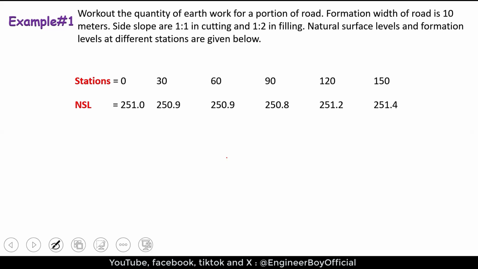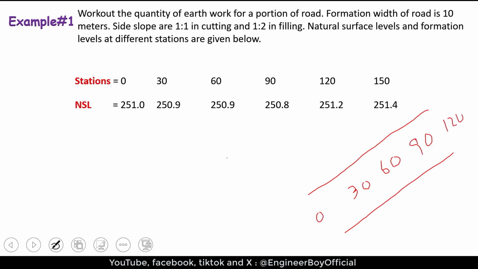Let's say this is maybe a road portion, and the road has just started from 0, then we have 30, then 60, 90, 120, and let's say there is curvature, no problem, and then we have 150. So the NSL at station 0 is determined, at 30, at 60, at each station, and they are noted over here.